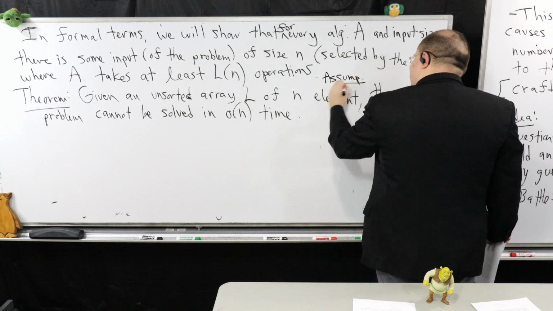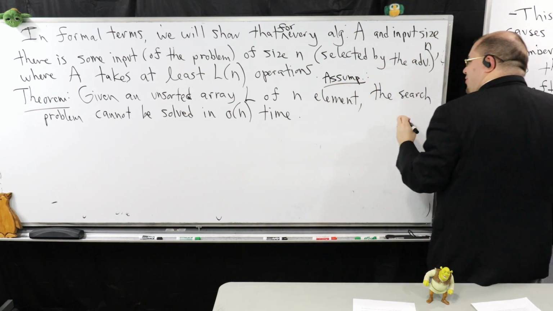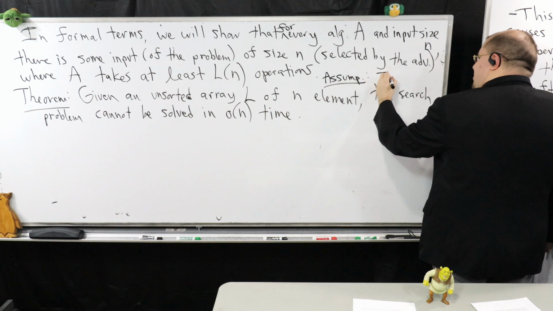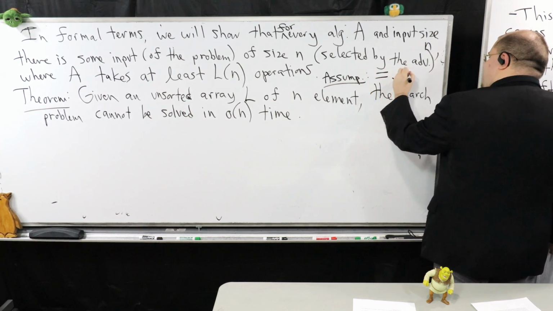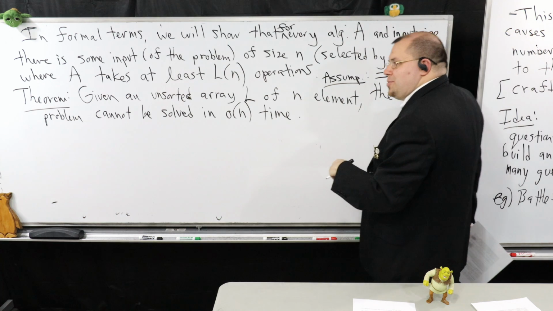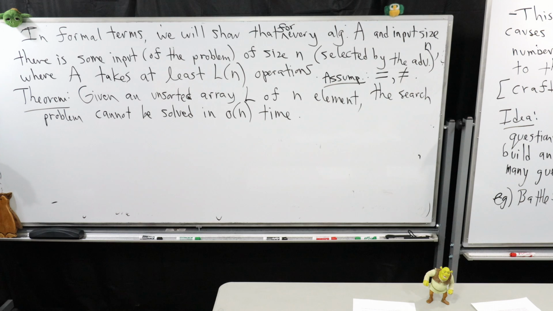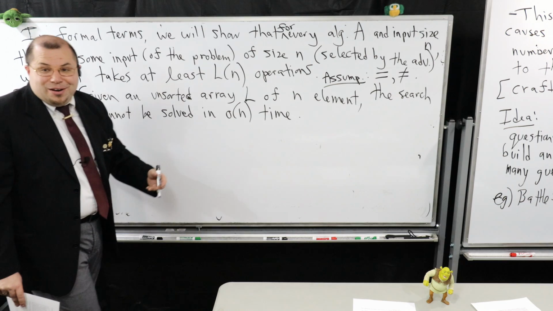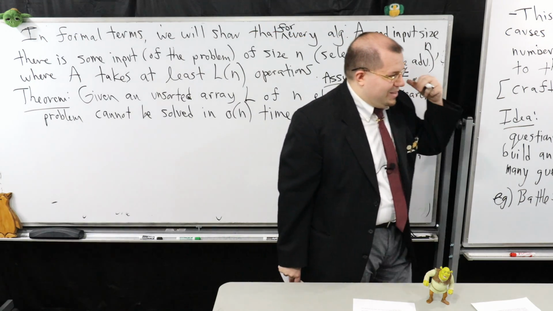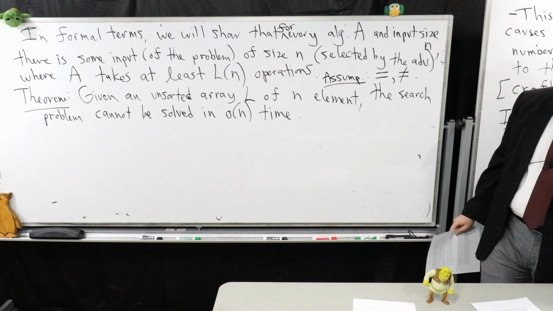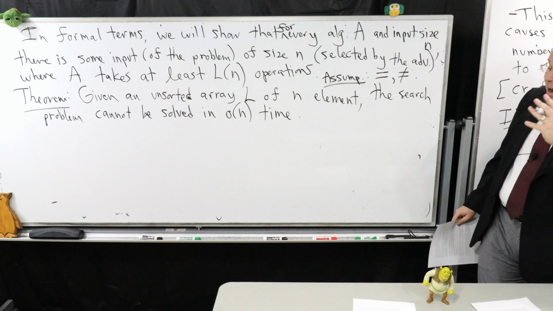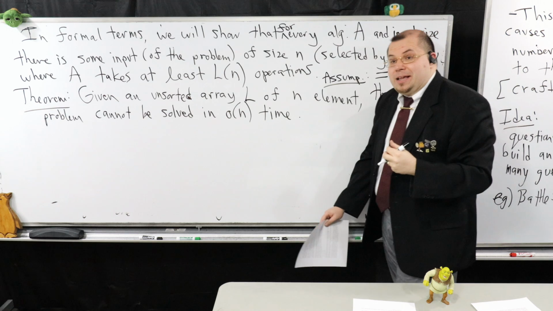If somebody asks you about the limitations of this proof, I'm going to assume that the only things I know how to do are testing if elements are equal or not equal. Those seem rather fundamental, right? If we want to know if we found it or not, we need those. So they're not very limiting assumptions.